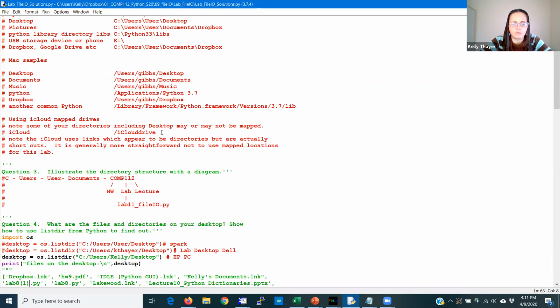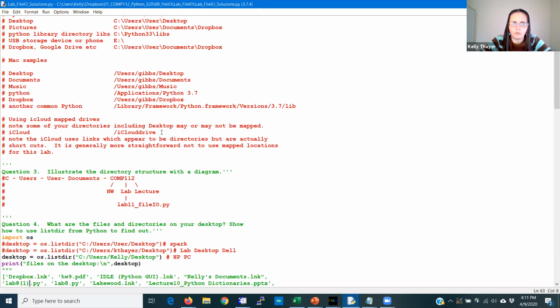The iCloud drive makes use of what we call links, which means that it appears to be a folder inside of another folder or directory. However, what it really is, is a pointer to another location, presumably on the cloud.